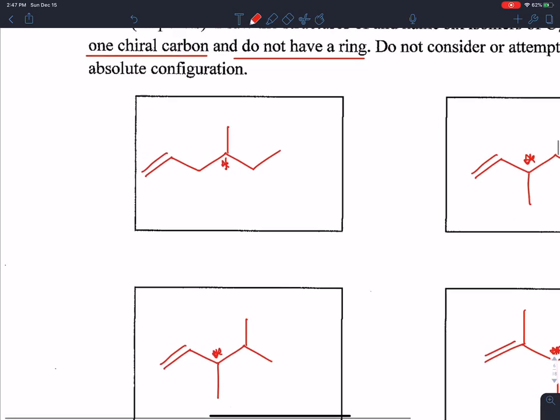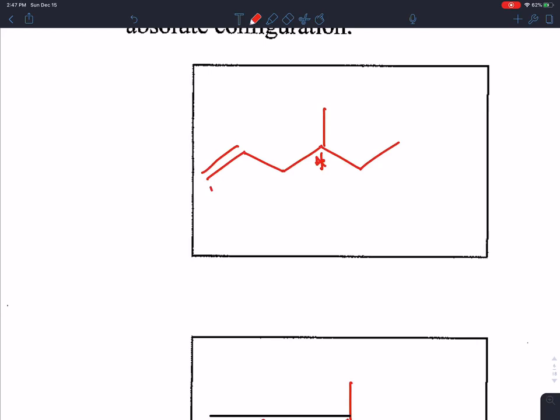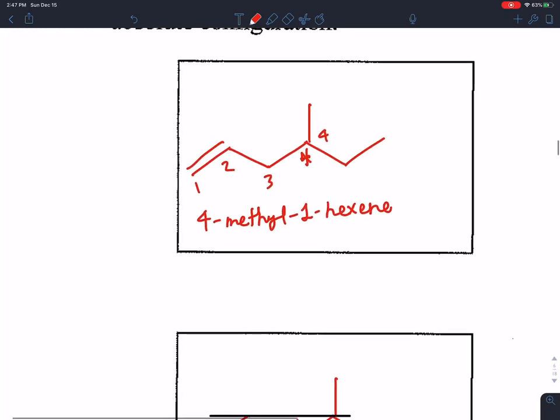If we do the naming, the first one is going to be 1, 2, 3, 4, so it should be a 4-methyl. This is hexene, so you can do 5-hexene, or you can do 1-hexene, or just hex-1-ene. So let's just write 1-hexene, like that.